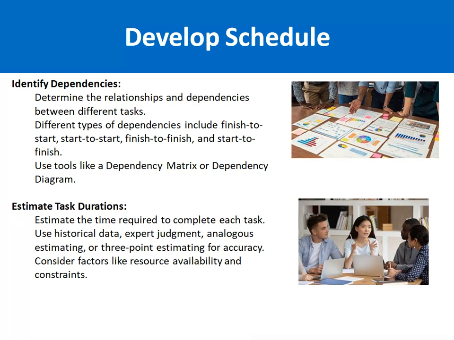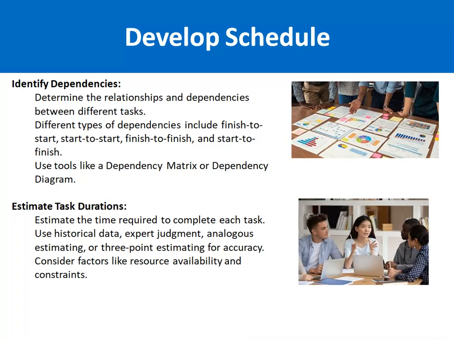There are also different tools, like the dependency matrix or dependency diagram, which you can use to identify the dependency of one task on another. For example, the production deployment only starts when the testing finishes. So this is the finish to start dependency.